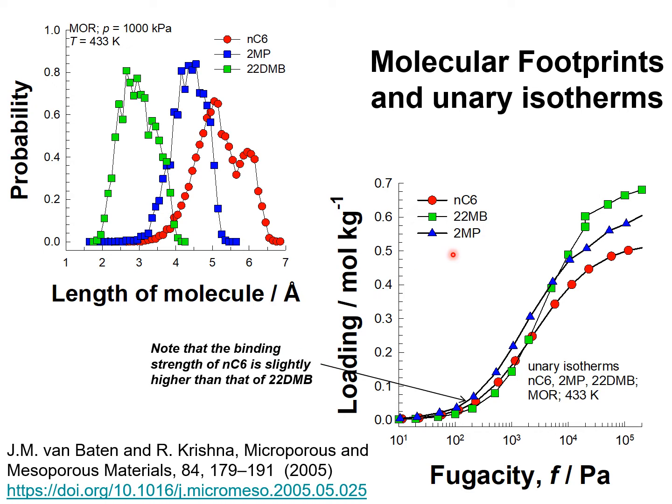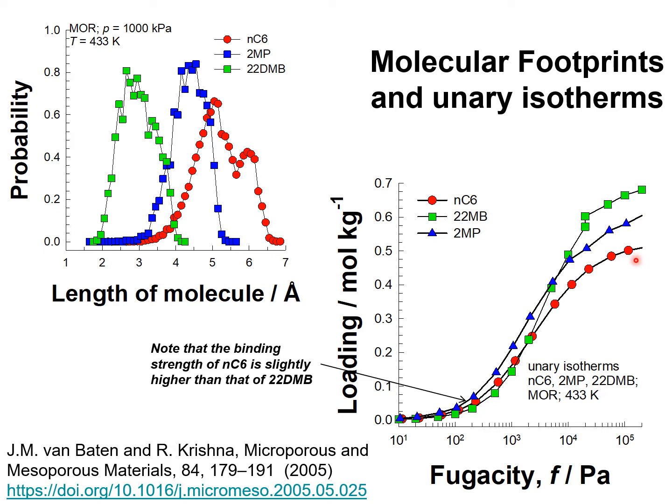Molecular simulations of the unary isotherms are shown here for normal hexane, 2-methylpentane, and 2,2-dimethylbutane, and you will note that at saturation, the loading of 2,2-dimethylbutane is higher than that of 2-methylpentane, and the loading of 2-methylpentane is higher than that of normal hexane.